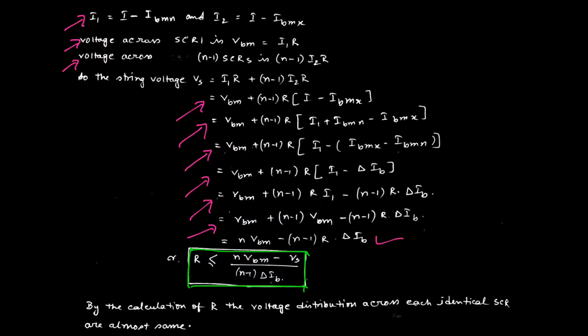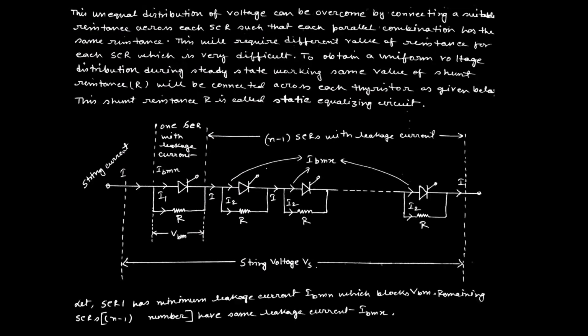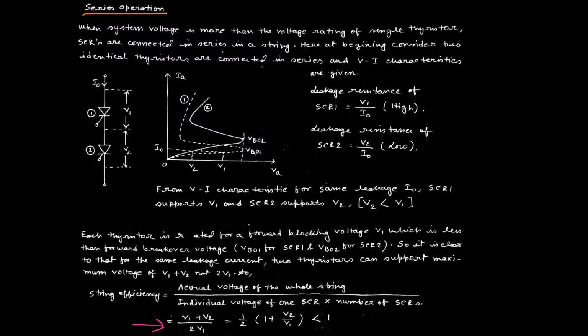Okay, so now we are going to introduce the static equalizing circuit. That means previously we have seen that the voltage was distributed across each SCR, that was V1 and V2.